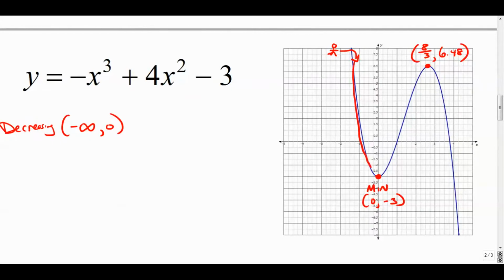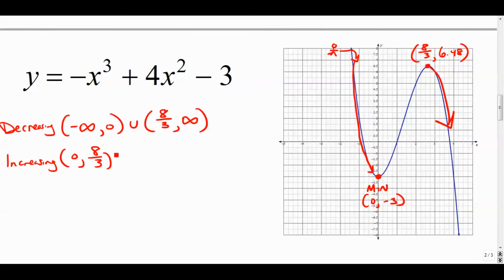So it's decreasing here, and then it increases here, and it decreases again over here. So it decreases from -infinity to 0 and 8/3 to infinity. We use this little union there. It increases from 0 to 8/3. That's where the function goes uphill.